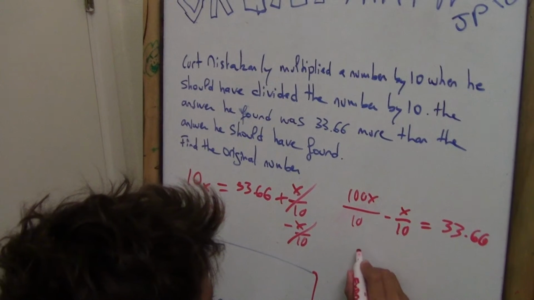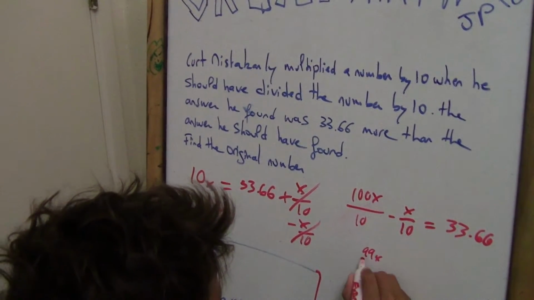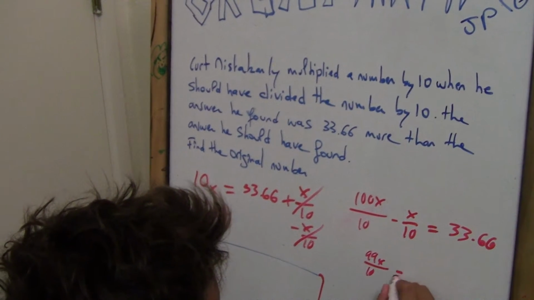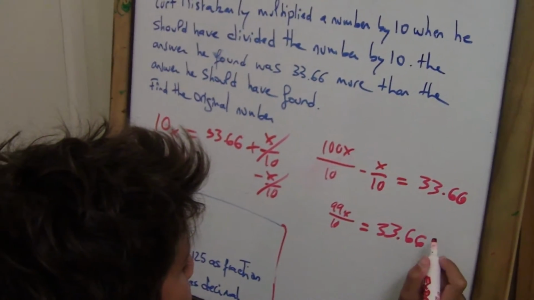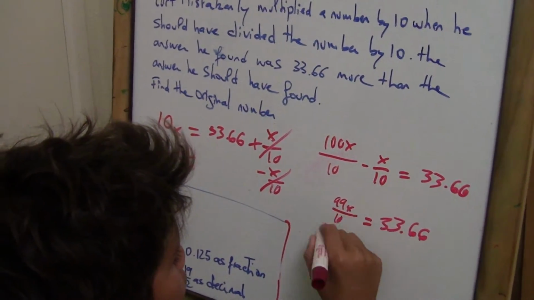Then when you subtract it, it will be 99x over 10, which is equal to 33.66.